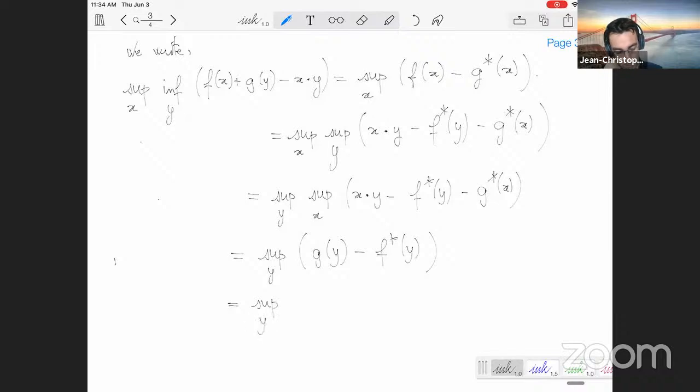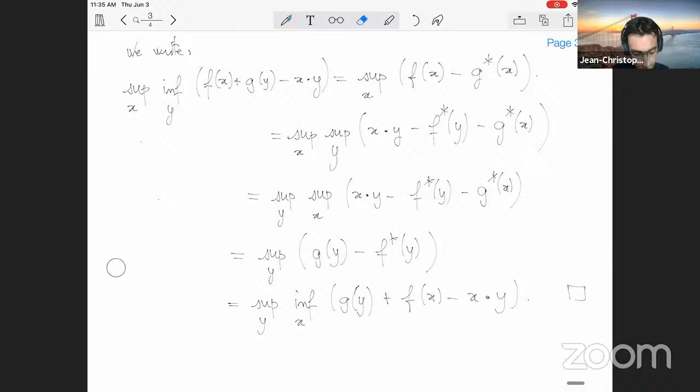So this is sup over y inf over x of g of y plus f of x minus x dot y. That's the end of the proof. So my opinion is that the proof stops here actually. When you do the sup over two things, you can safely exchange them regardless.